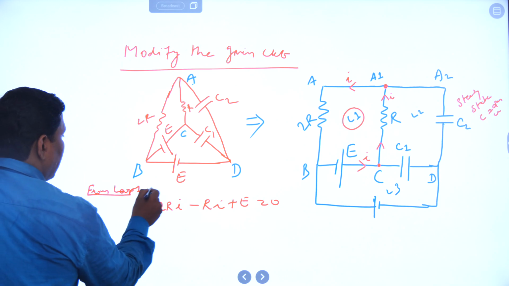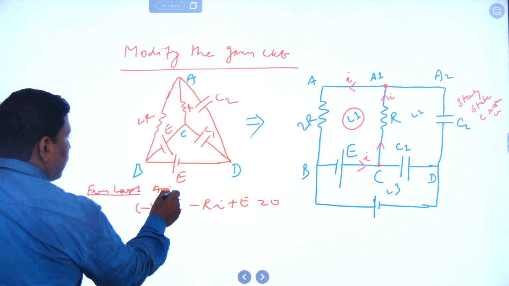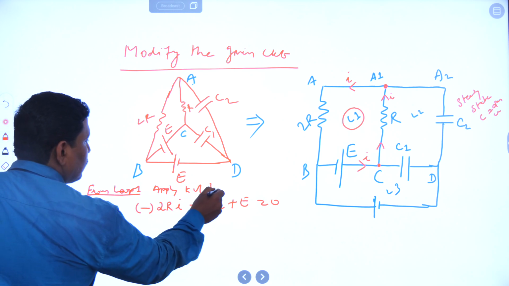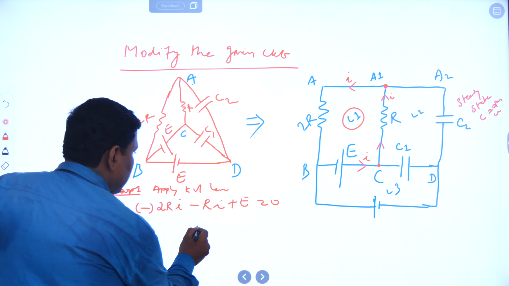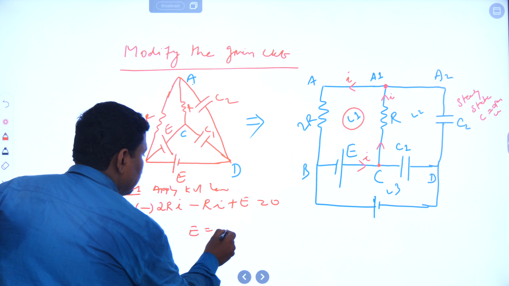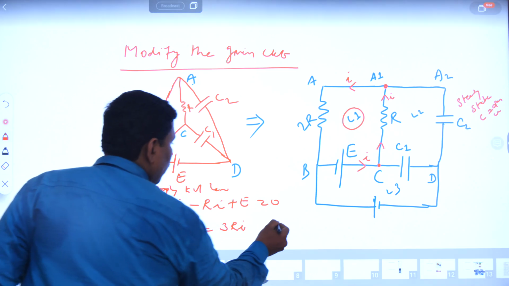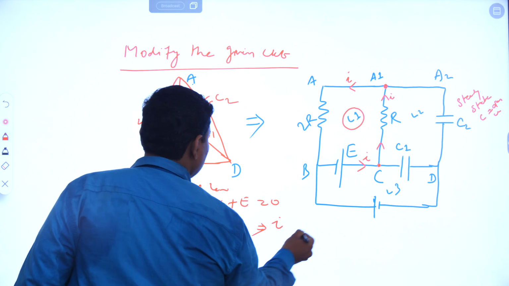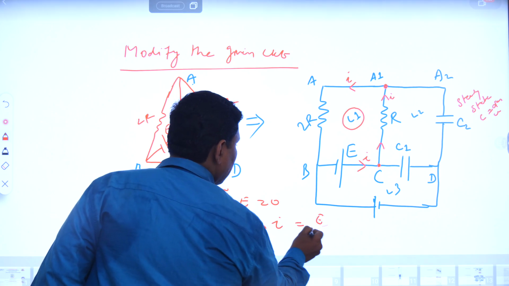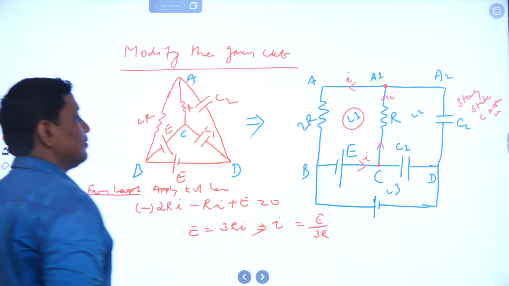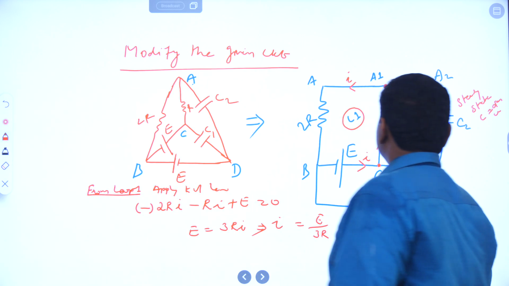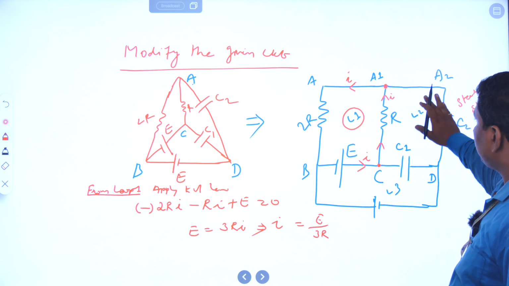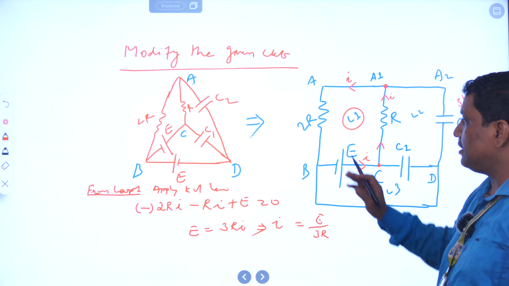After simplification, E equals 3Ri, so I equals E divided by 3R. Clear? This is from loop 1. Clear or not?